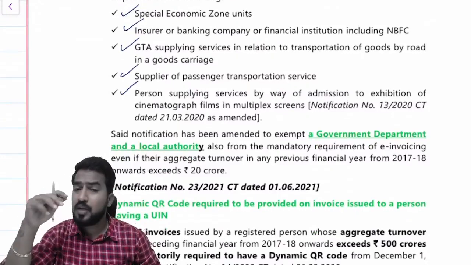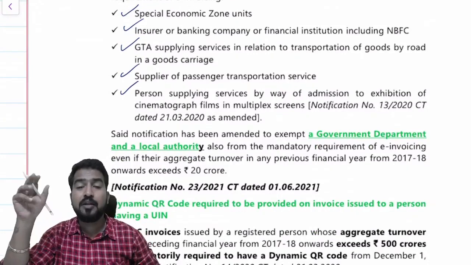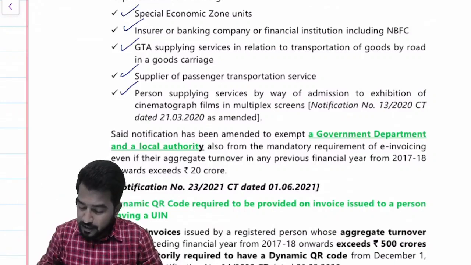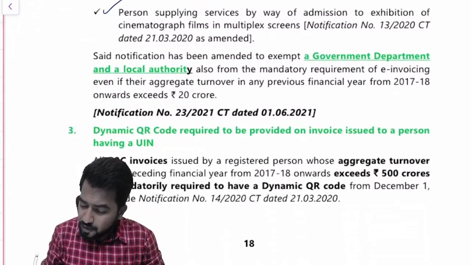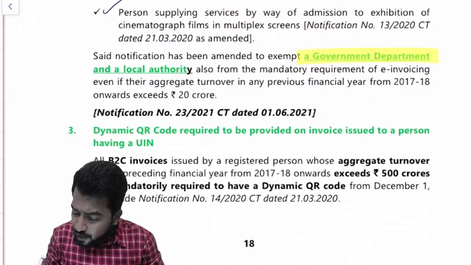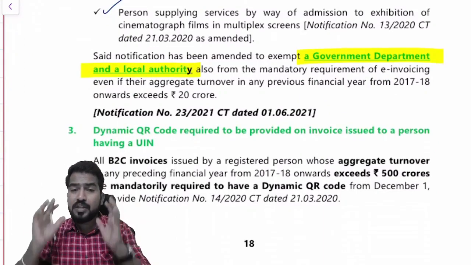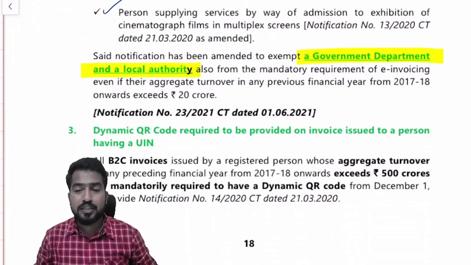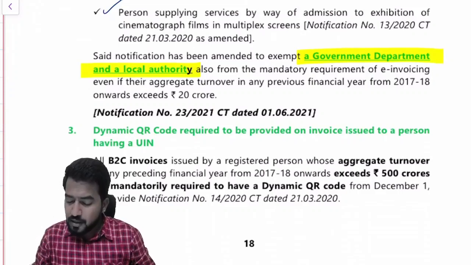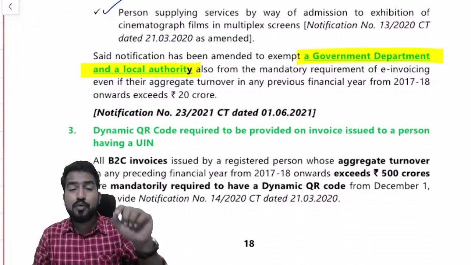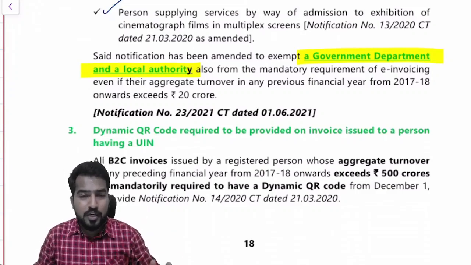Now there is an amendment saying that e-invoicing provisions are not applicable even to a government department and a local authority, even though they satisfy the condition.